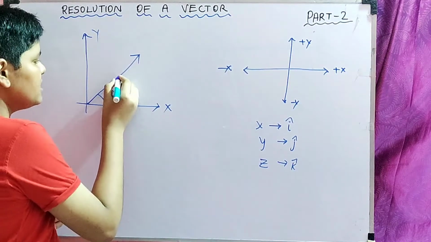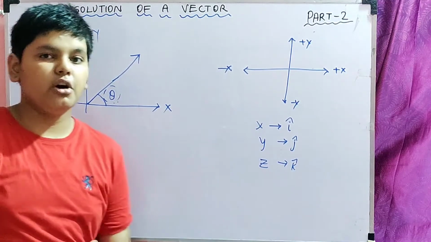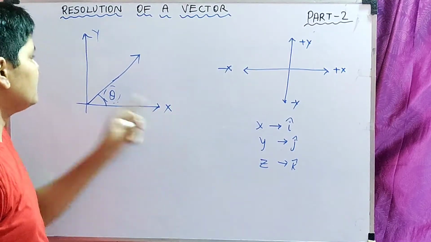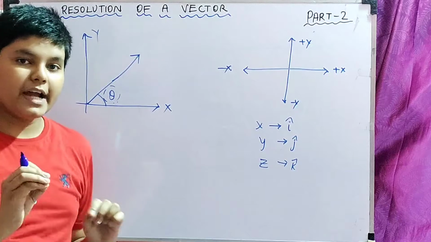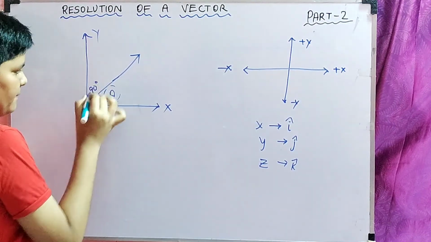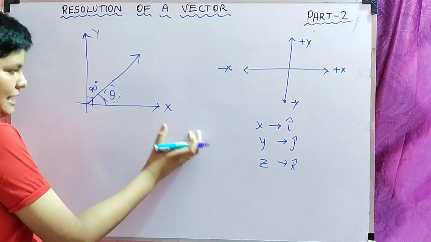Questions may come like: find the resolution of this particular vector with respect to the x-axis or with respect to the y-axis. To find that, you need to know that this totally makes 90 degrees.